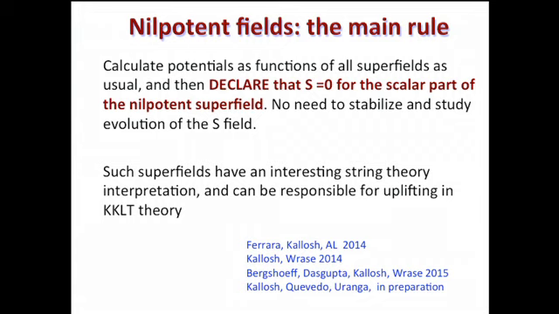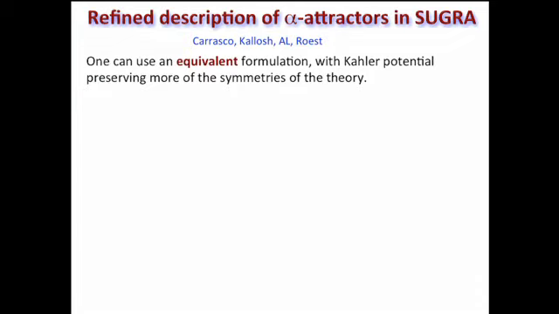So S equal to 0 need not even coincide with the naively calculated minimum of your potential as a function of S. You just declare S equal to 0 if this field S belongs to the nilpotent chiral multiplet. Okay, and what Renato told you about is that these kinds of fields may have some interesting interpretation in terms of string theory.